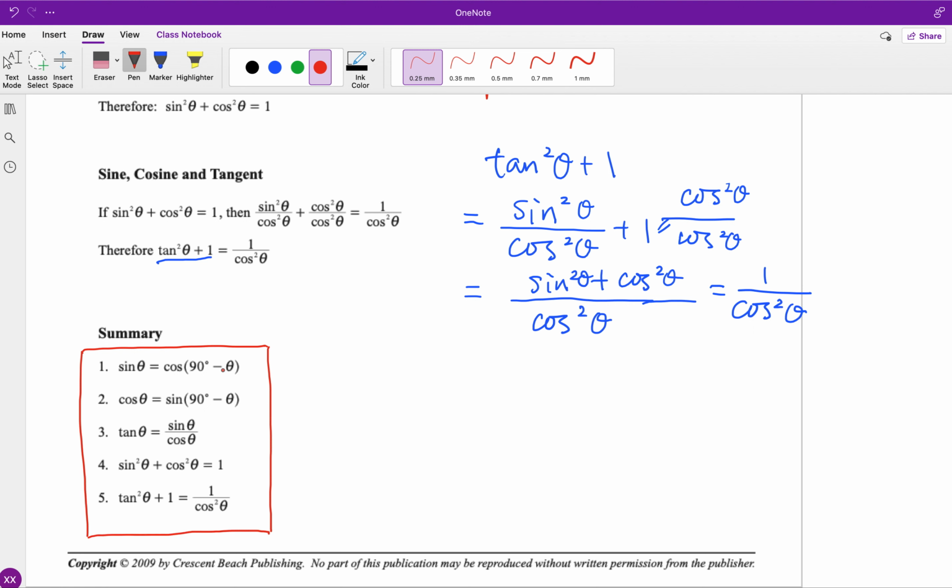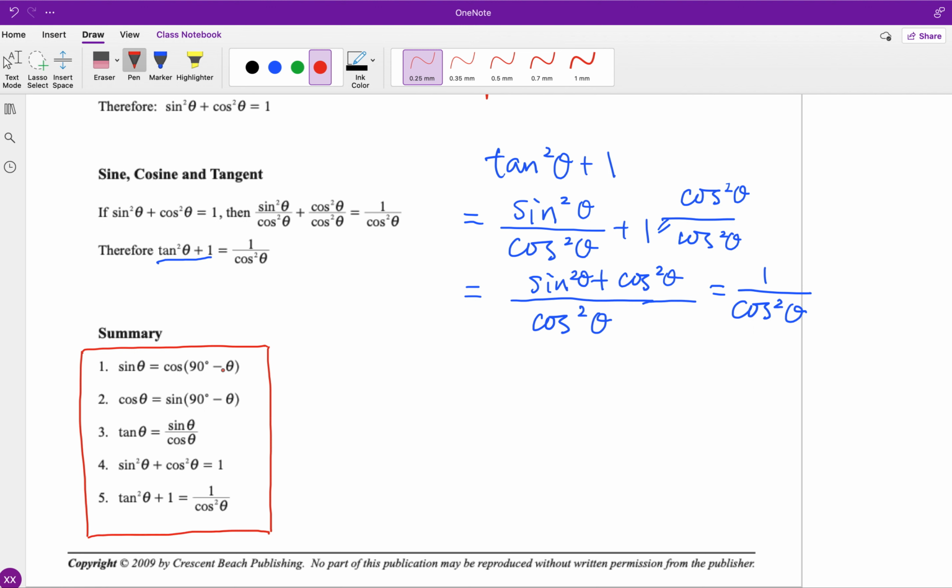Now next example. Cosine now is this. Right away, draw a right triangle. Now I'm going to let this angle be theta. So cosine, the adjacent is 2, and the hypotenuse is 3. Now we can use the Pythagorean theorem again to calculate b.